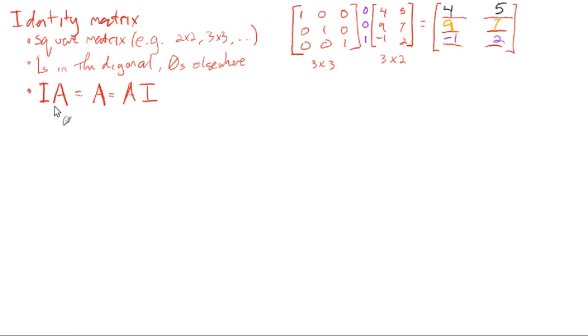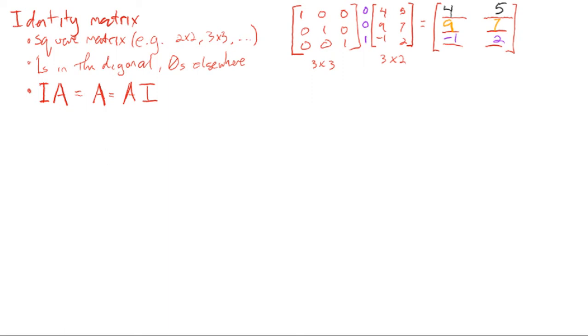Now, changing the order assumes that you're multiplying by another square matrix, so just be aware of that. But if you multiply the identity times a matrix, you get the original matrix. And if they're square matrices, then you can just switch the order and it'll be the same thing. And we are going to be working with square matrices here in a bit.